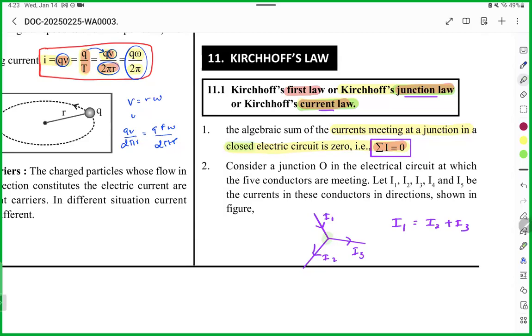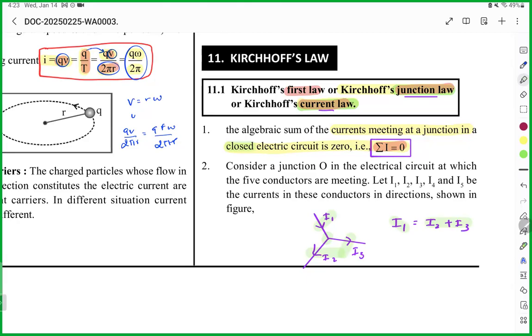It means the total current entering is equal to the total current exiting. I1 is the current that enters the junction, I2 and I3 are the currents that exit. So entry is equal to exit, total current same.